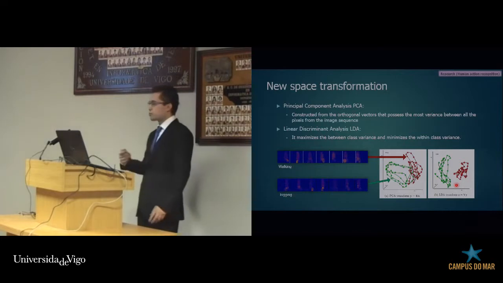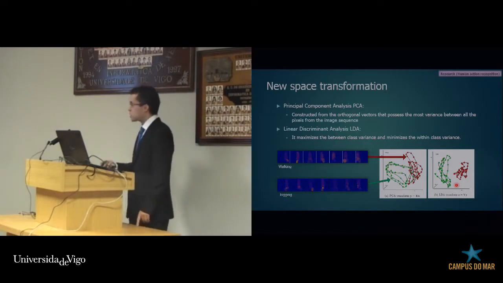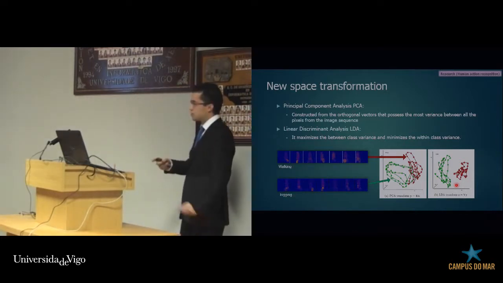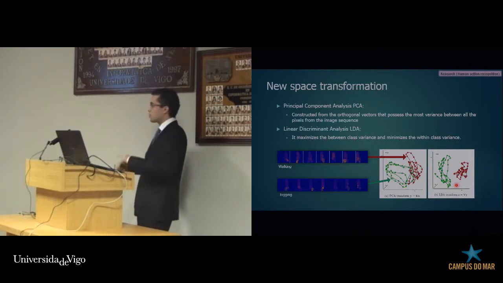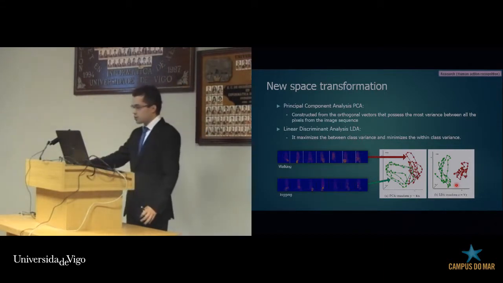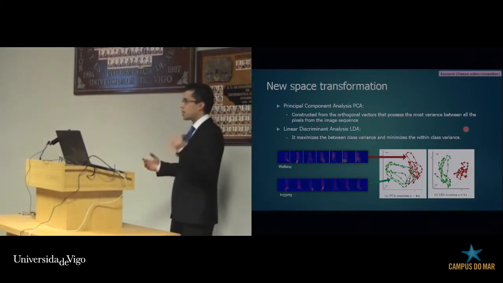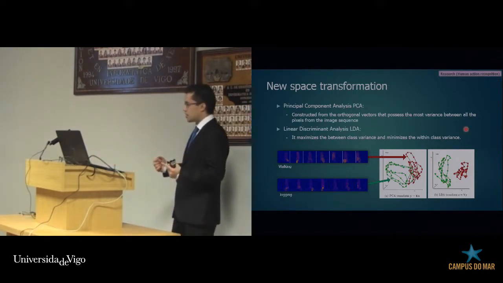This is the reason we use dimensionality reduction techniques: the space is constructed from the orthogonal vectors that possess the most variance between all the pixels from all the image sequences. It's important because, for example, if we have only one frame with 128 per width and per height, you have approximately 16,000 pixels of information.